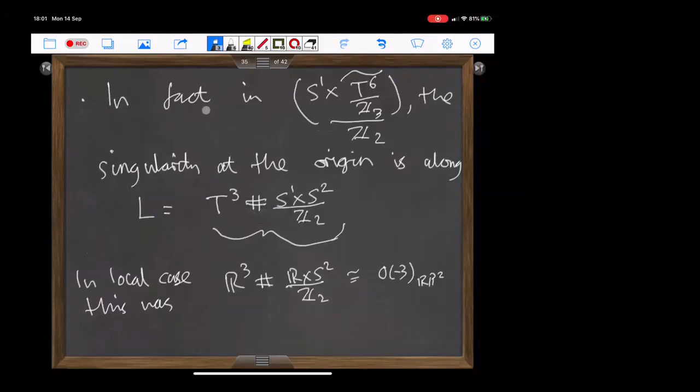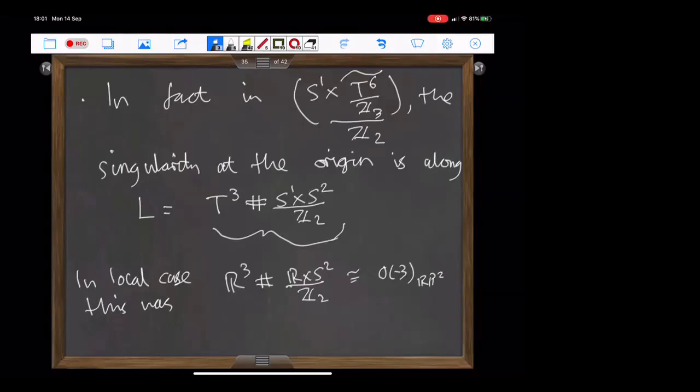So if we look at globally what's going on, the singularity at the origin in this case is actually along, so essentially I'm doing 2 steps now. First, I'm resolving the singularities of T6 mod Z3 to give a compact Calabi-Yau threefold, and then I'm doing the involution.